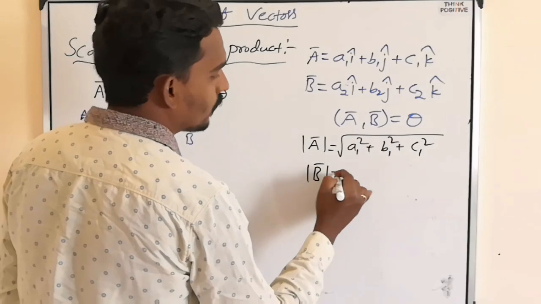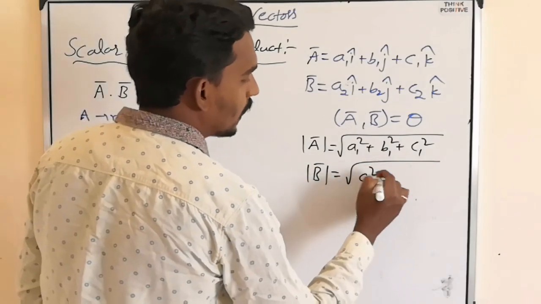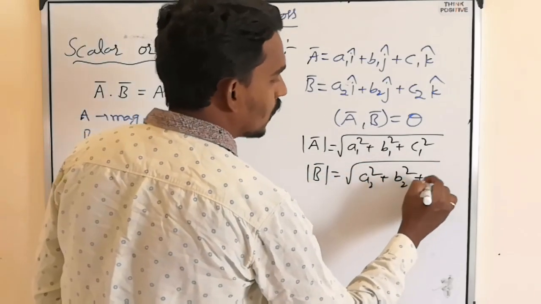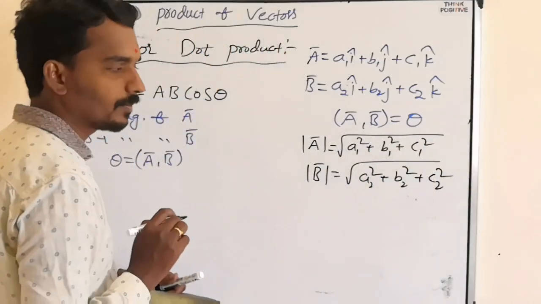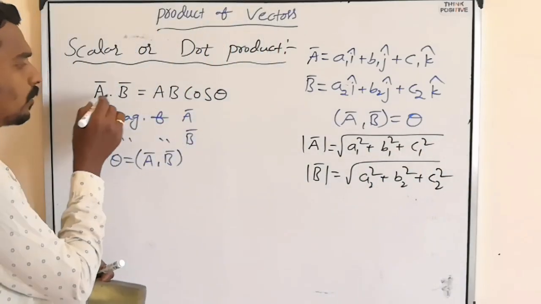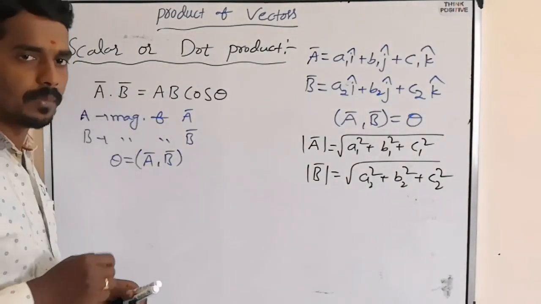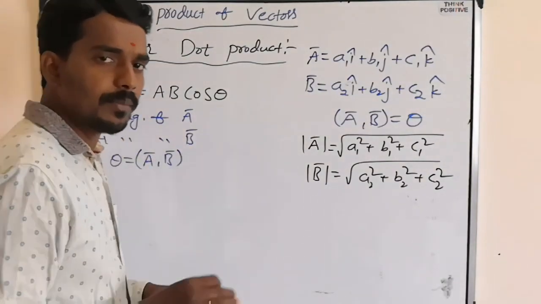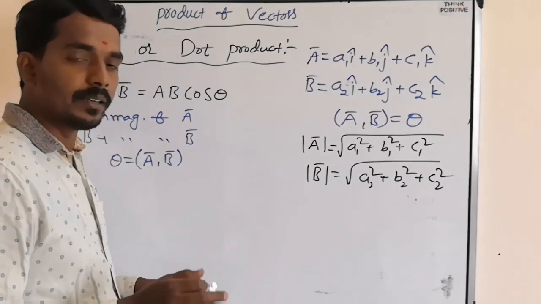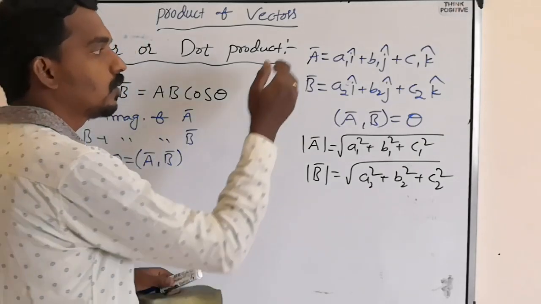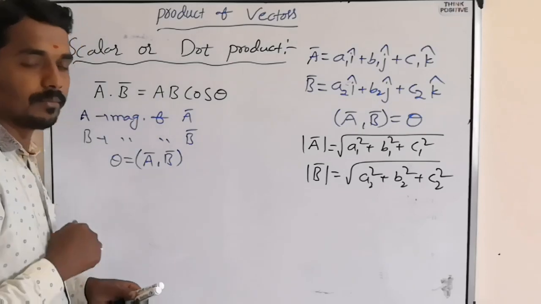What is the magnitude of b then? Under root a2 square plus b2 square plus c2 square. But how can we find a bar dot b bar? You can find a bar dot b bar only when you know the vector form.